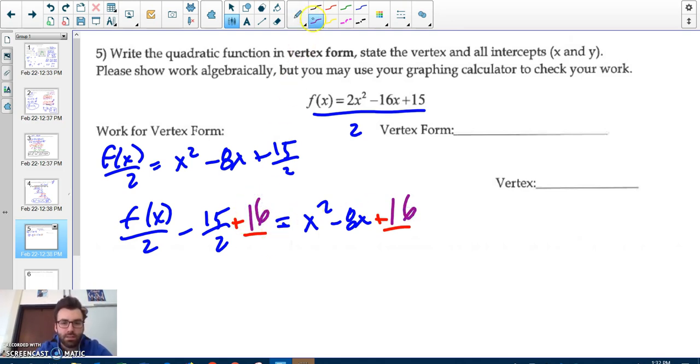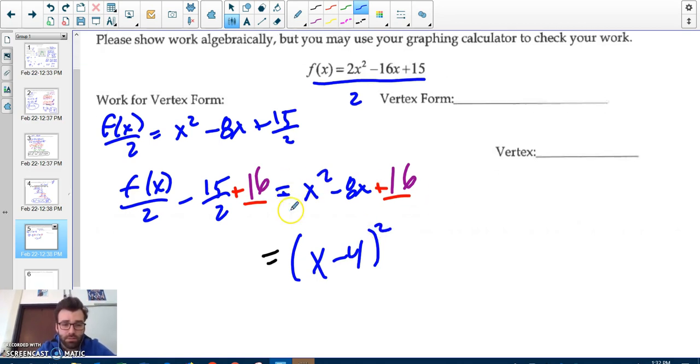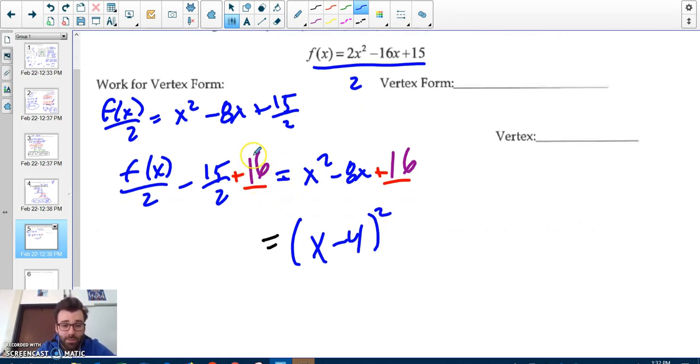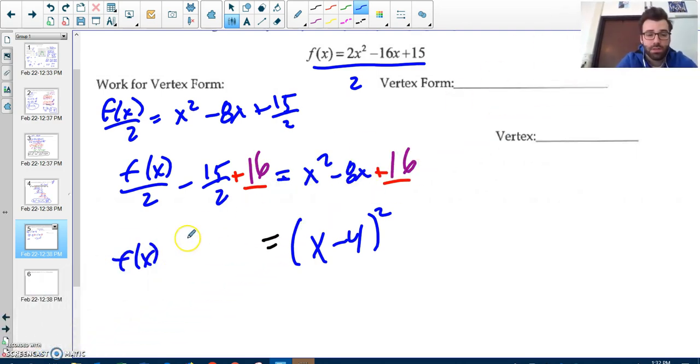16. Okay. I want to rewrite this, excuse me, my binomial squared. Half of negative 8 was negative 4, so it's x minus 4 squared. All right. 16 can be written as 32 over 2, because 16 times 2 is 32.